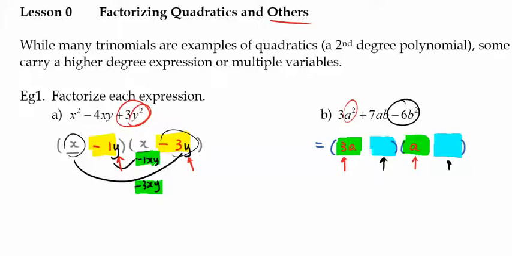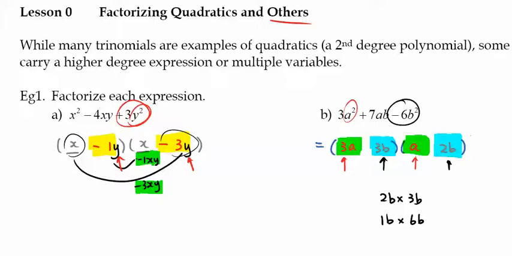Now, knowing that we may have 2b, 3b, or 1b, 6b, there are a number of combinations that I will eliminate right away. I will not use 3b and 2b.